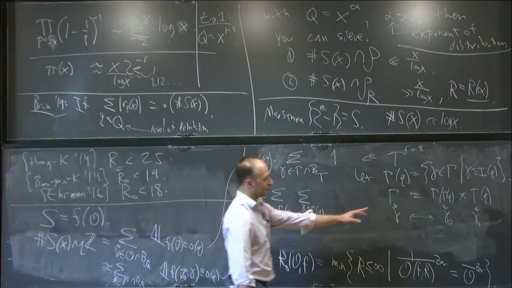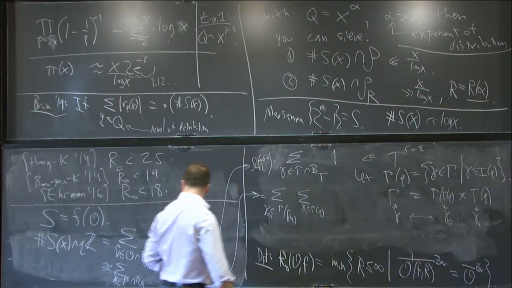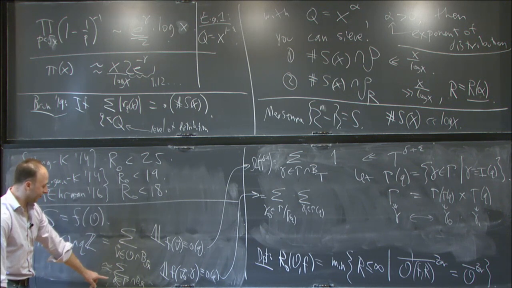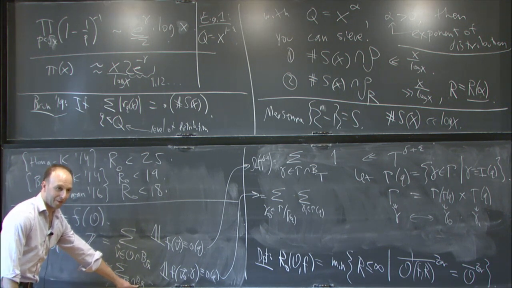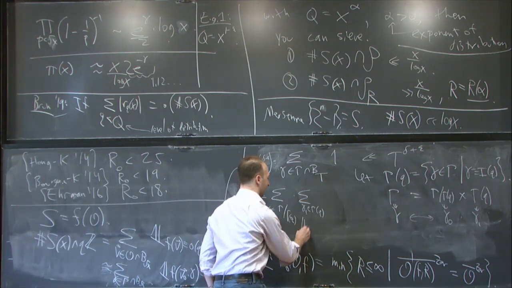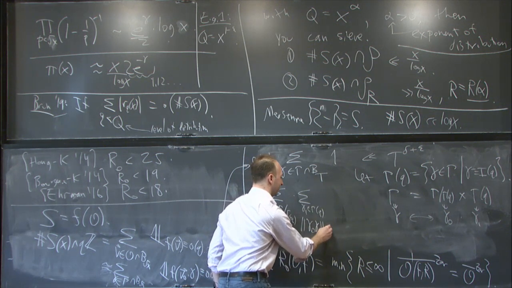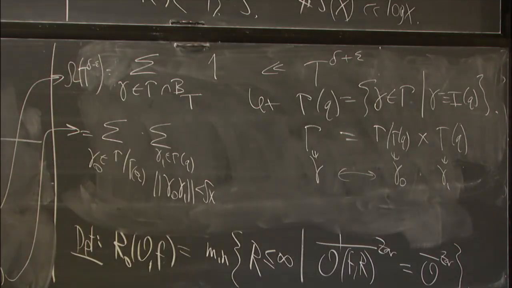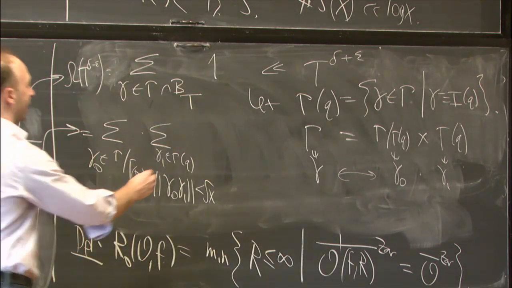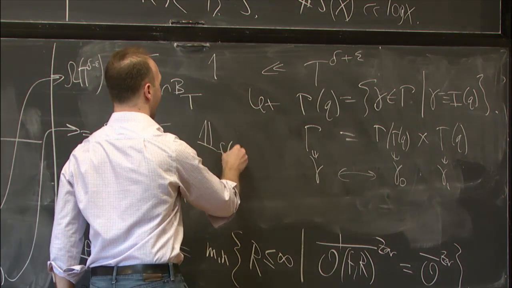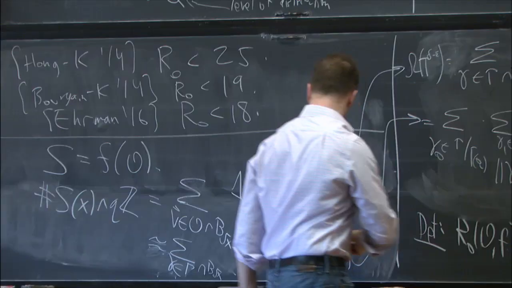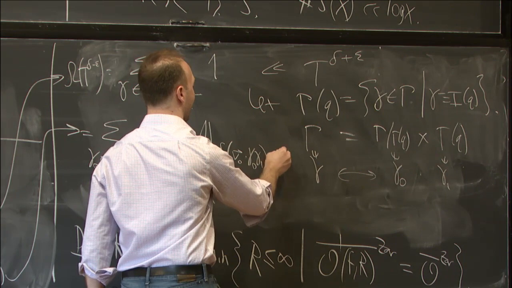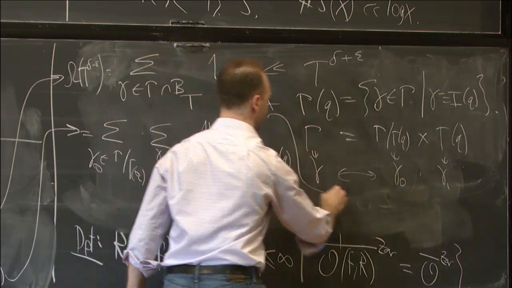So that's just this factorization exactly. And what properties do we need? We need gamma, which is the product gamma 0 gamma 1, to be of norm at most x. Gamma 0 gamma 1 has norm at most root x, or t, let's say root x. And we need this property: the indicator function of this polynomial on gamma, again gamma 0 gamma 1, being congruent to 0 mod q.